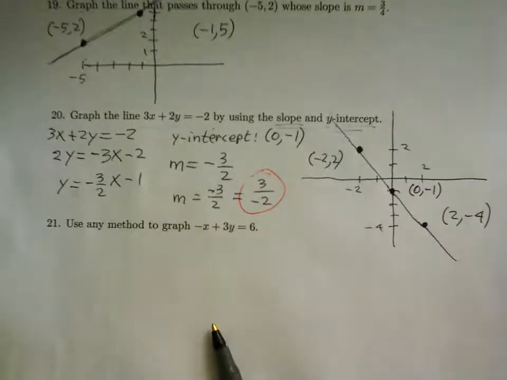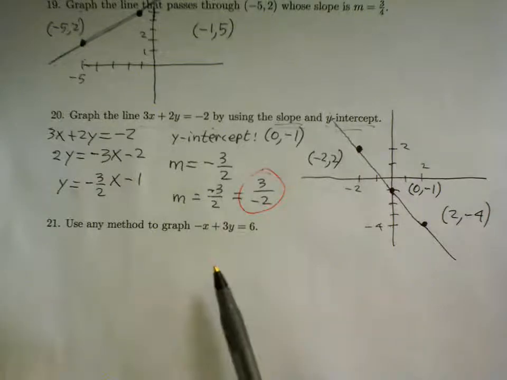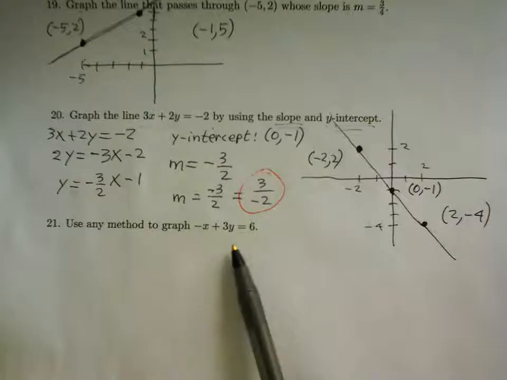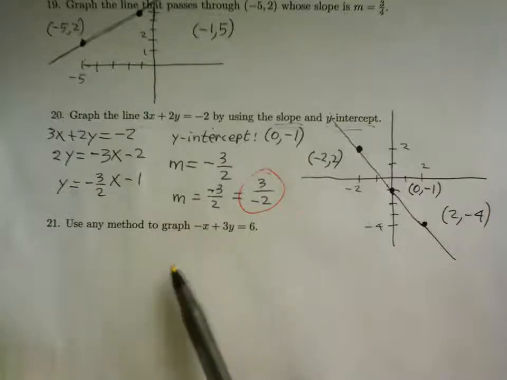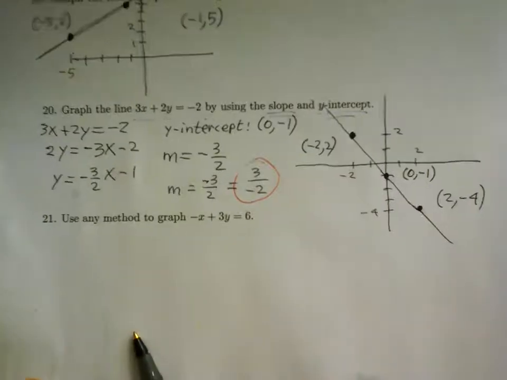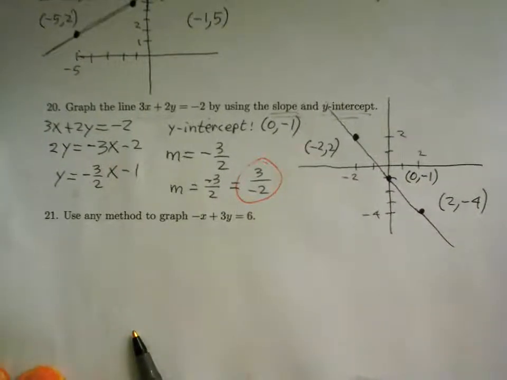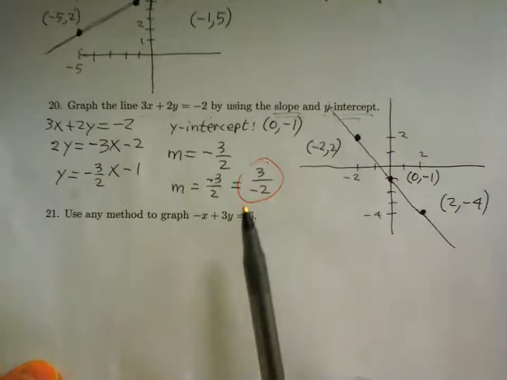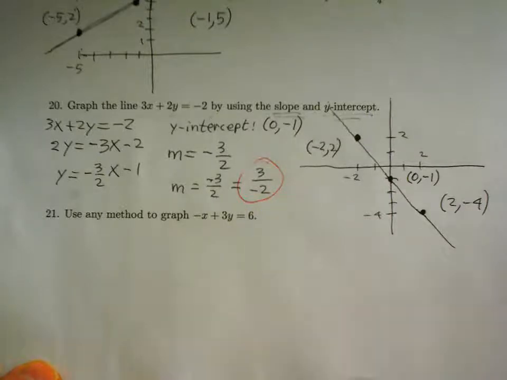Another method is just find two solutions to this equation and then plot those points in the xy plane and draw a straight line through them. So we have lots of options. But when you're taking a timed test, you don't want to spend a lot of time debating. You just want to pick a method and apply it.